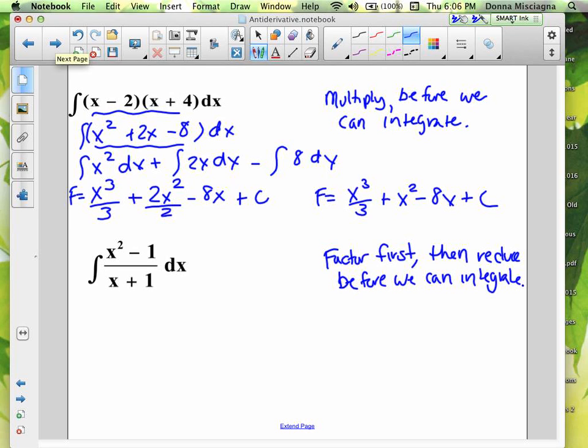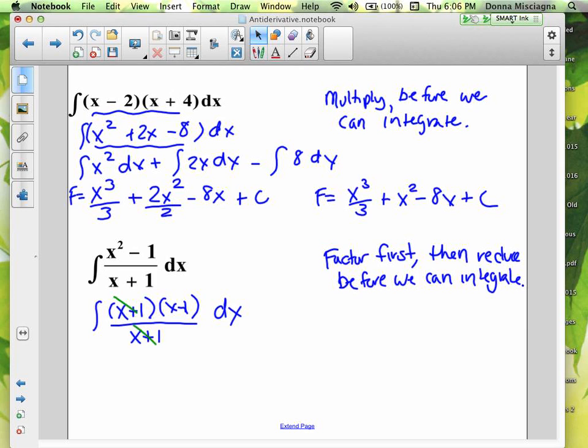So x squared minus 1 factored is x plus 1 times x minus 1, all over x plus 1. The two x plus 1's cancel. So now you've got the integral of x minus 1 dx.